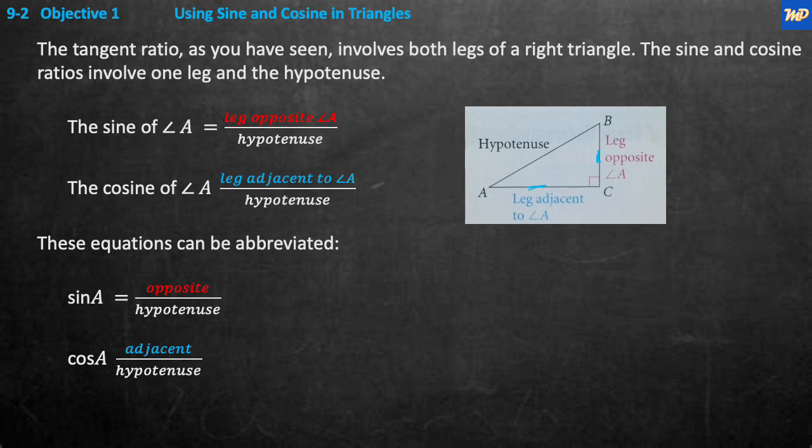But for sine, it's the opposite divided by the hypotenuse, and the cosine is the adjacent divided by the hypotenuse. These equations can be abbreviated as sine A equals opposite over hypotenuse, and cosine A equals adjacent over hypotenuse.